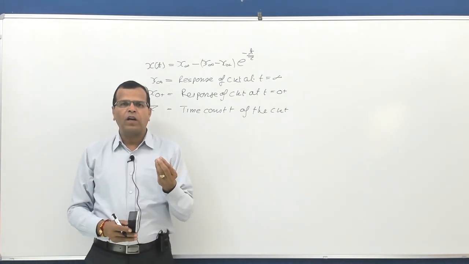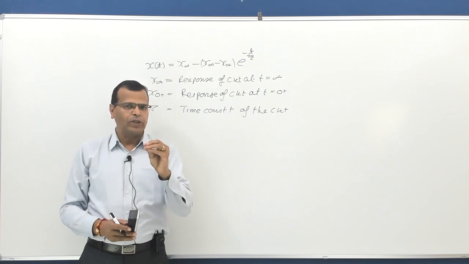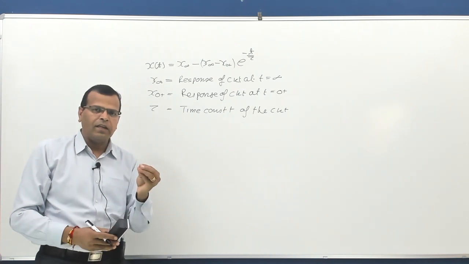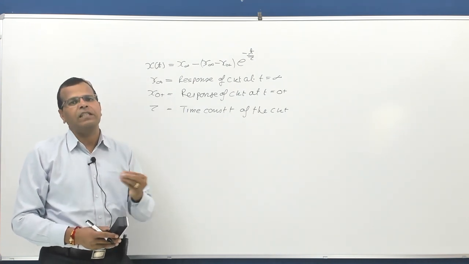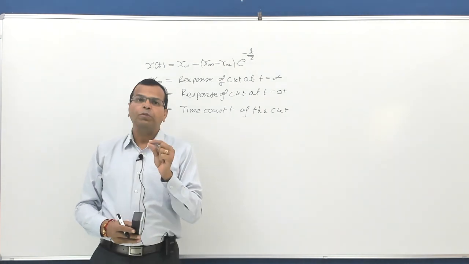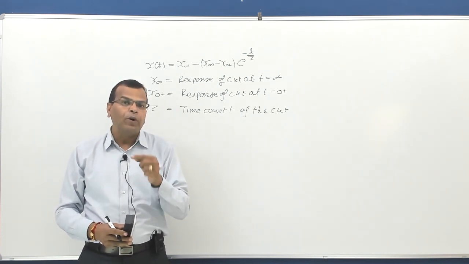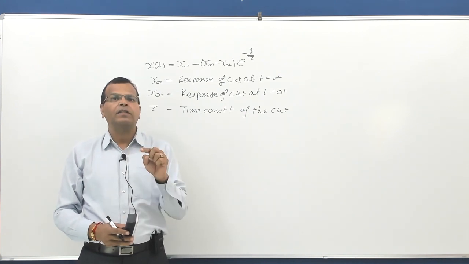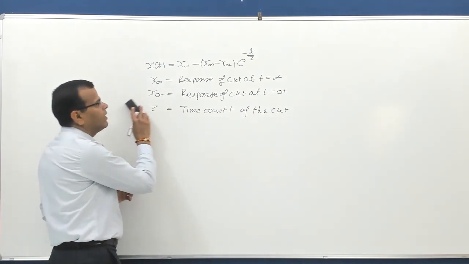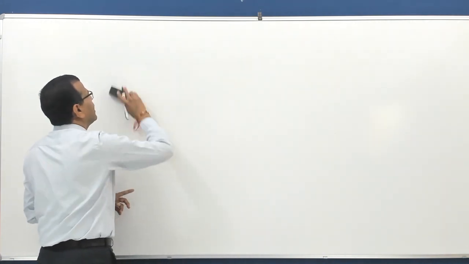When you talk about a first order RL circuit, the circuit should consist of a DC source, a switch, an inductor and a number of resistors, maybe one resistor or several. The inductor should be single, or if you have multiple inductors in the circuit, you should be able to replace them by their equivalent single inductor. So I will start with the very first circuit, that is the first order RL circuit.